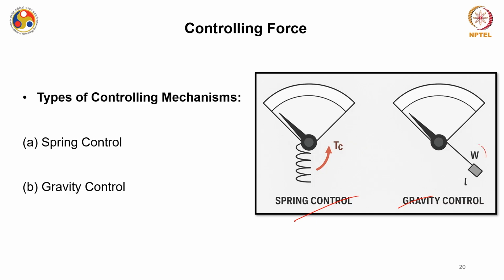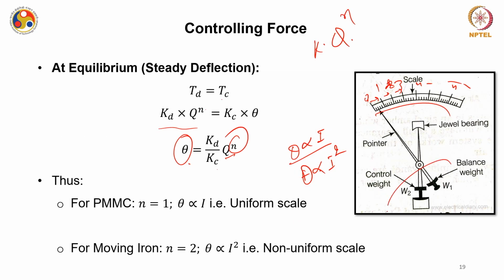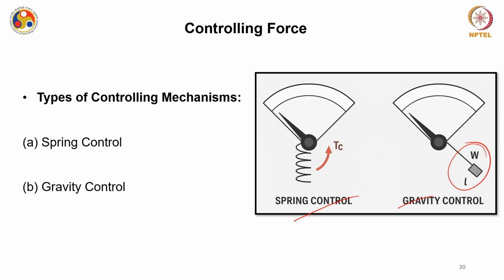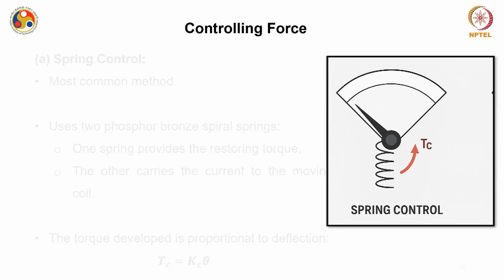In this, a certain weight is loaded to the pointer, and this was exactly what was shown over here, that I told we will take later on. So spring control and gravity control are the two ways of managing this control mechanism.